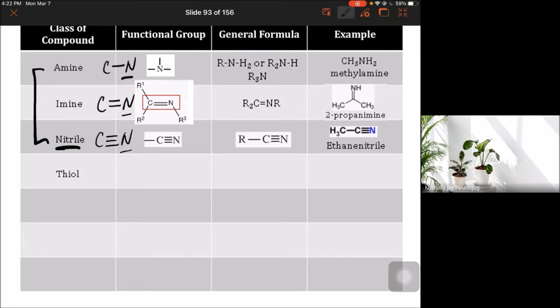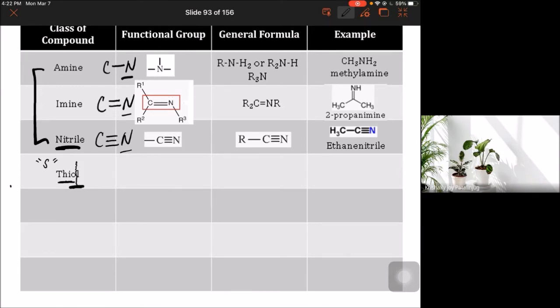With regards to thiol, class, when you encounter the term thio, that represents the atom sulfur. So the compound or group of atoms has the presence of sulfur. Thio is equivalent to sulfur. The name ends in ol, so you can compare this with the functional group of alcohol.